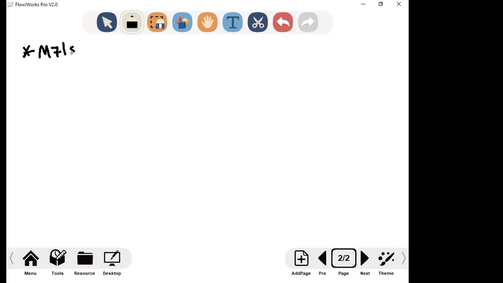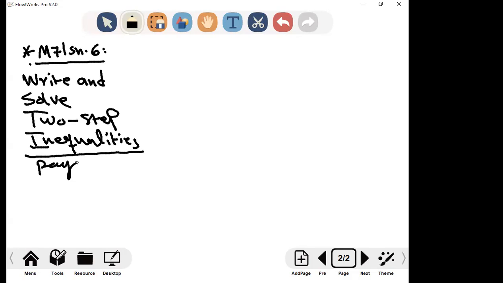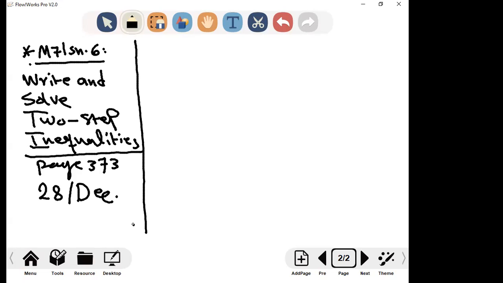Write and solve two-step inequalities. We are on page 373, and today it's the 28th December.